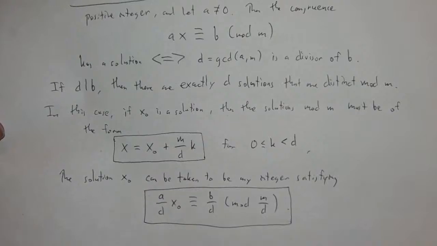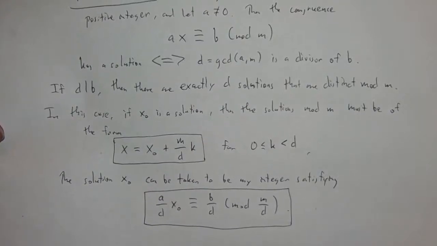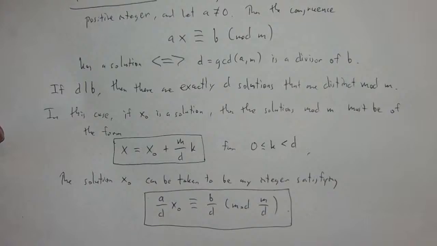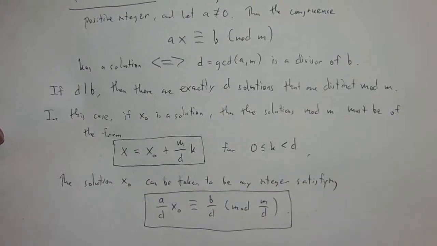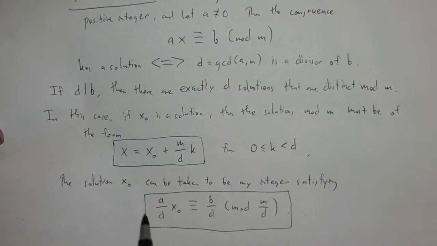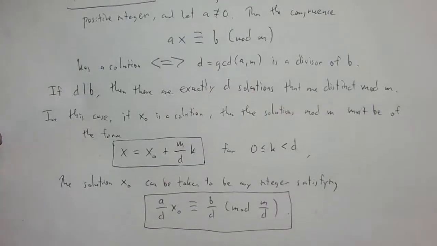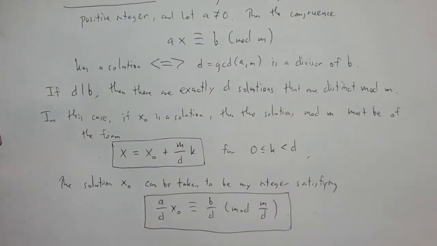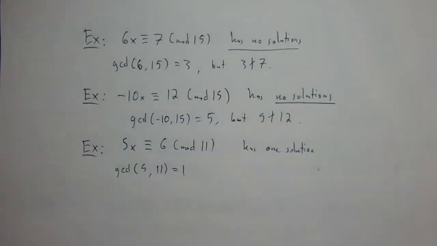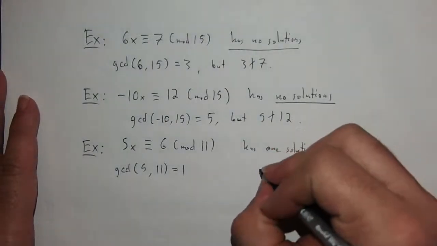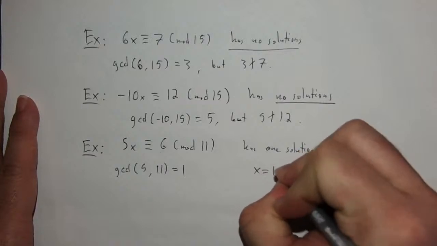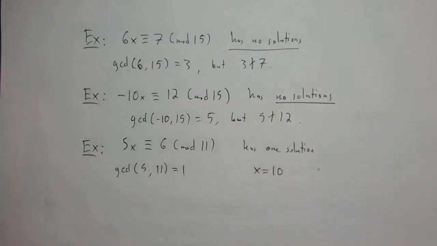Solving this congruence is just solving the congruence anyway, right? So looking at this, d is 1, so this is saying that my particular solution is just a solution to ax is congruent to b mod m. So I'm not really helped at all there. It turns out that x is equal to 10 here.